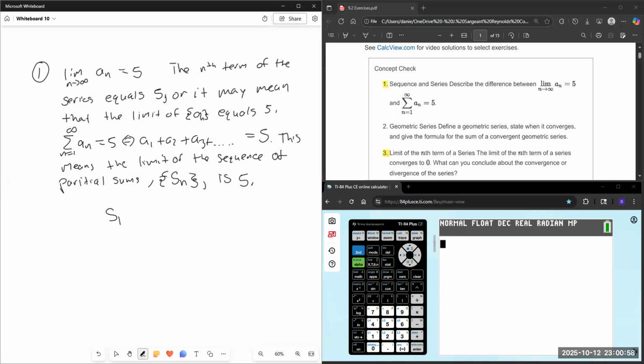So S sub 1 is just the first term. S sub 2 is equal to the sum of the first 2 terms. S3 is equal to the sum of the first 3 terms. And so on and so forth to S sub n is the sum of the first n terms.